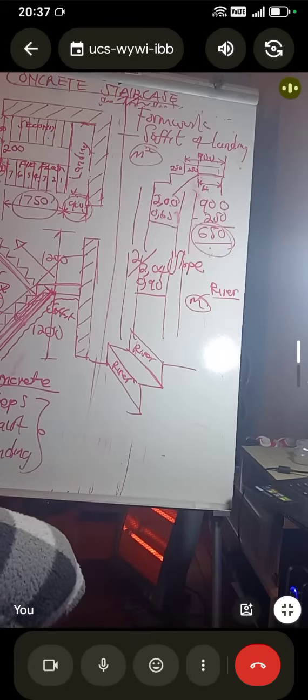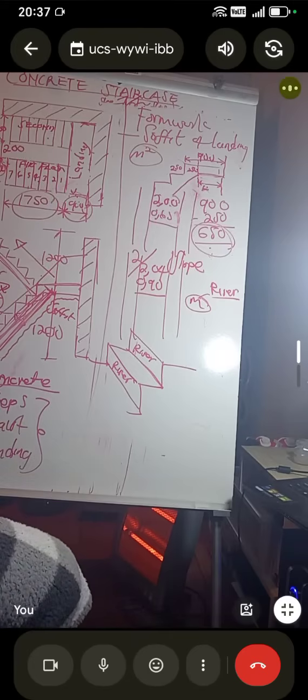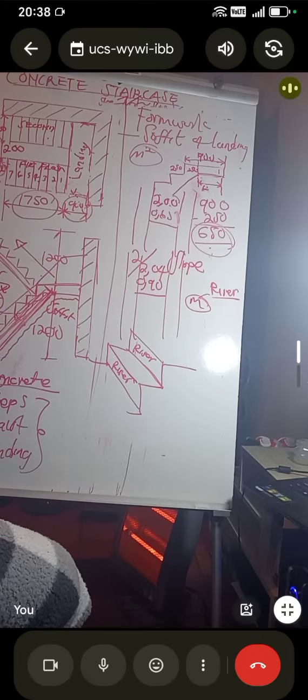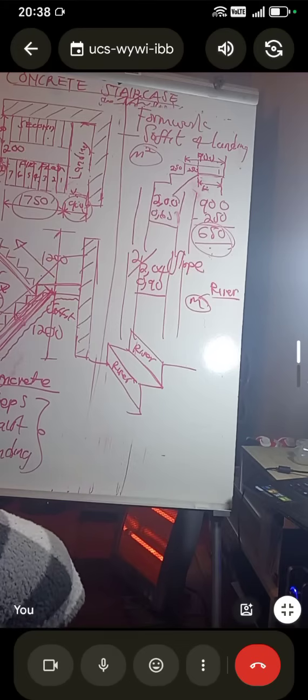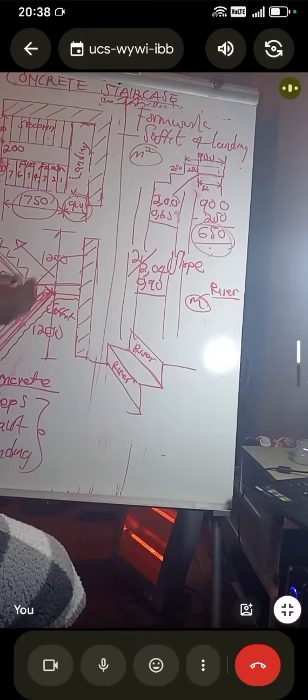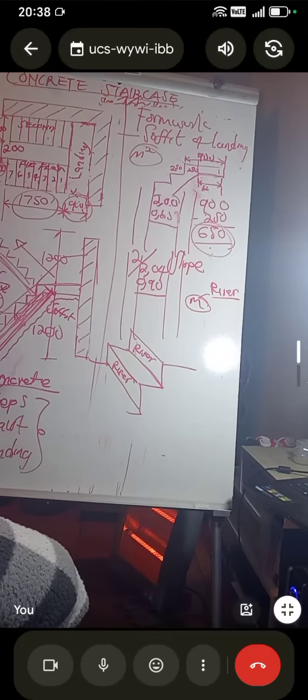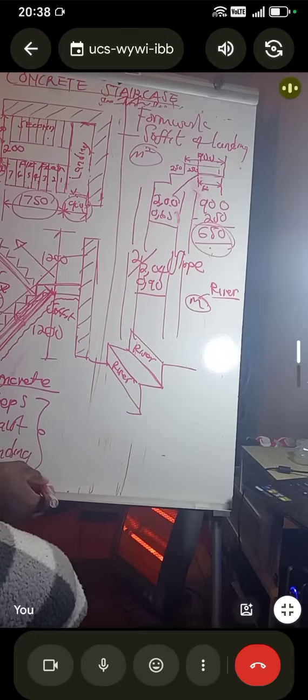And the question is, how many risers do you have? Let's start with the steps. We're going to do the formwork to the risers on the steps. We have 7 steps, but we're going to have 8 risers. We have 1, 2, 3, 4, 5, 6, 7, 8. Count in your textbook. Mine, I didn't draw it properly. You see here the risers.